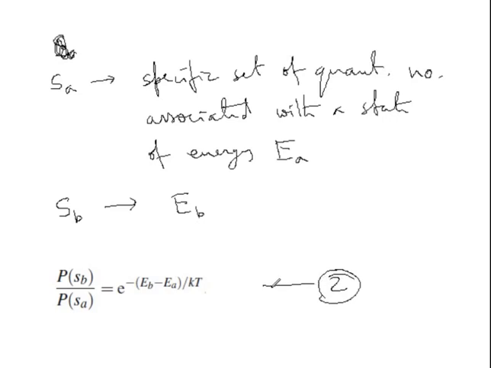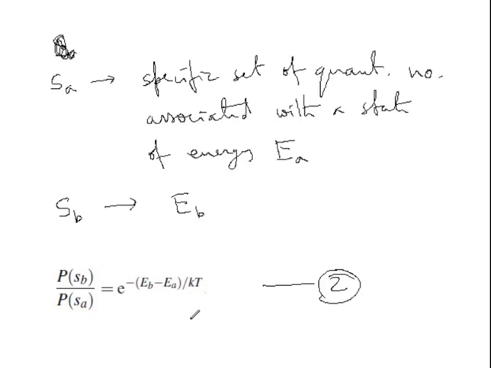Okay. Now, if there are several states with different sets of quantum numbers but the same energy, then we know that these states are degenerate states. Now, if there are degenerate states, then what happens? Of course, there are, right?